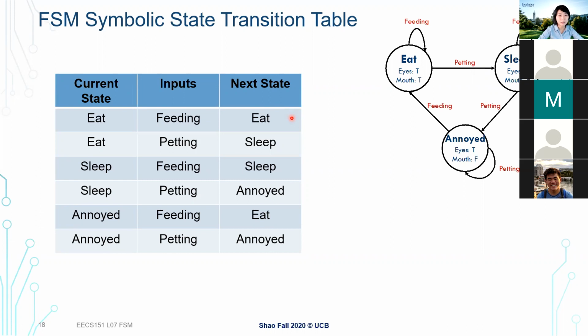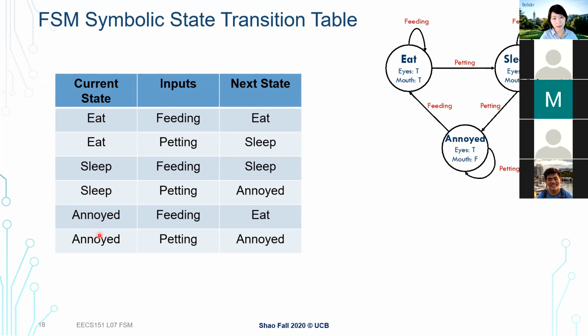Here we just use words to represent the states and how the states transition based on different inputs. Again, in our very simplified cat example, we only have 3 states, right? In our current state, the cat is either in the eating mode, the sleeping mode, or the being annoyed mode.